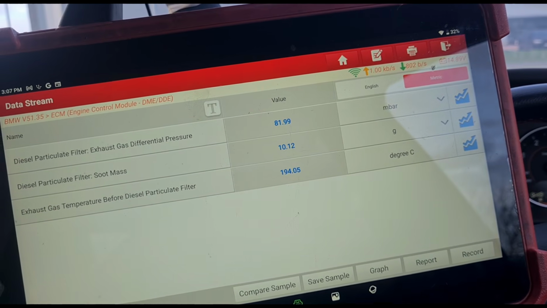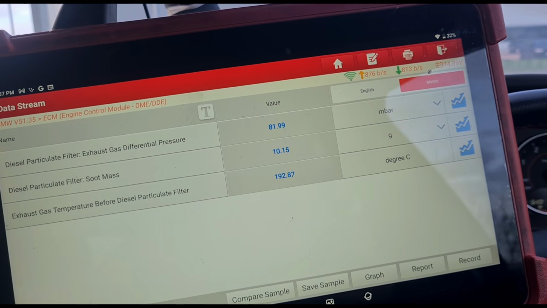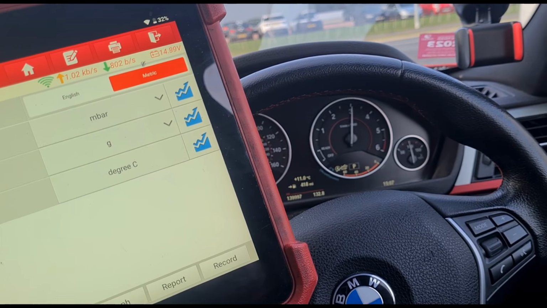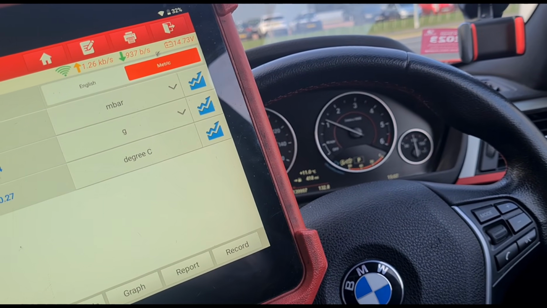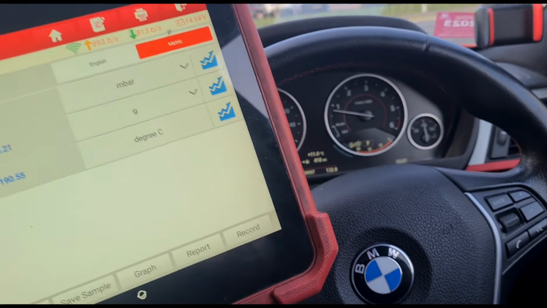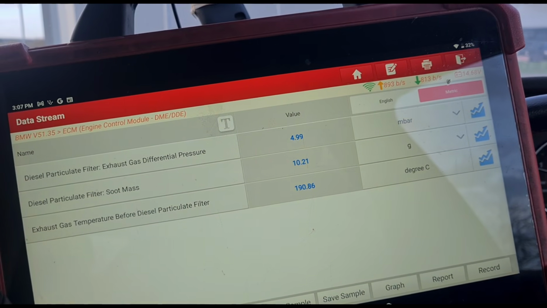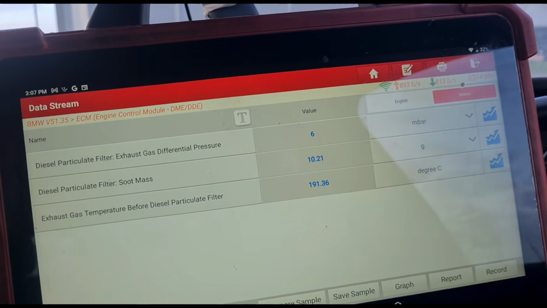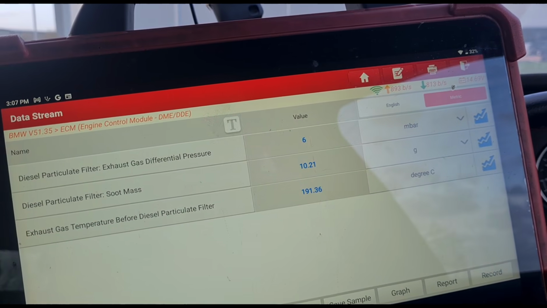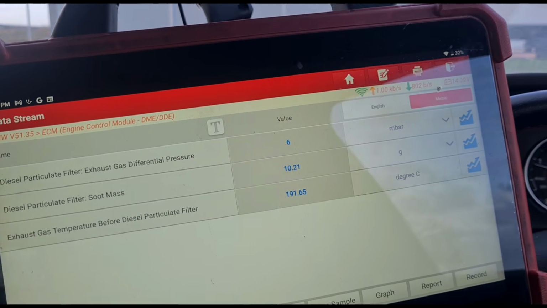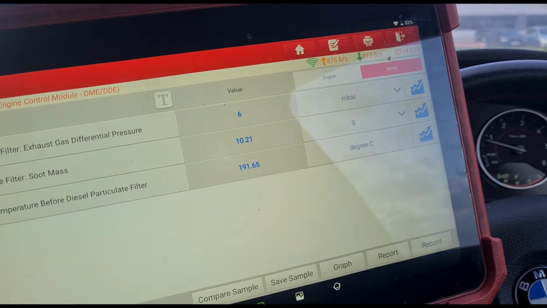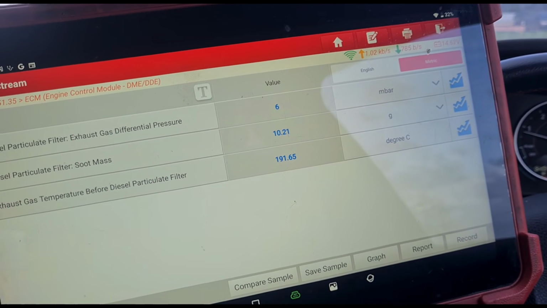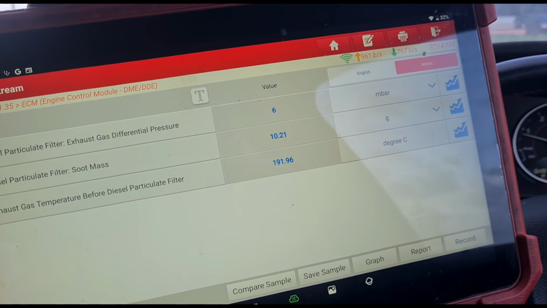So these are the end readings we were left with: around about 80 millibars of pressure at 3000 RPM. If we let go of the accelerator, I haven't even checked that yet, we have 6 millibars of pressure. Now I do notice at times here and there that it will jump back up to about 12, and the tone of the engine is changing, so I'm not sure if that's because the EGR is opening or closing.